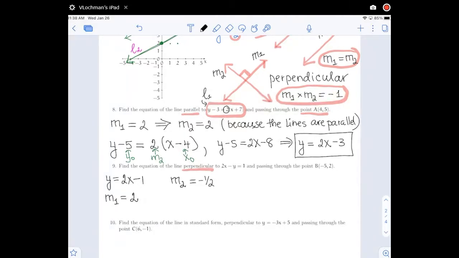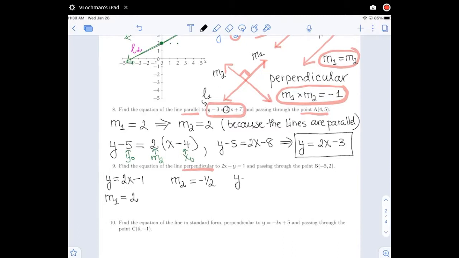There is only one such thing, right? So that if I multiply 2 by it, I'm going to get negative 1. So it needs to be negative, and you can think about it as negative reciprocal. That's all that is. Flip that fraction, change the sign. That's our slope. Now let's go ahead and put this into the equation.